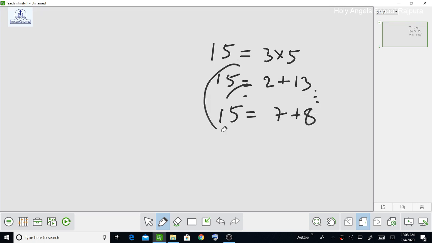If you see the last two, 15 is equal to 2 plus 13, 15 is equal to 7 plus 8, mathematically it is right, there is nothing wrong in it, but it is not the product of two numbers. 15 is expressed as the product of two numbers only in the first case, that is 15 is equal to 3 into 5. Both 3 and 5 are factors of 15.